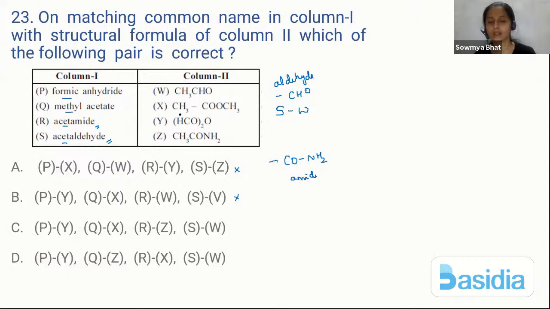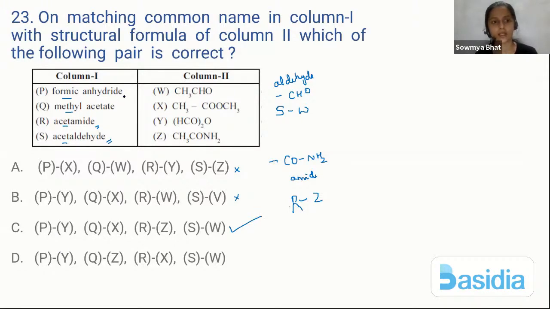Just see the functional group and take it. It will be the right answer. So this will be amide, option R, that will go with option Z. So S with W, and R with Z. So this would be the right answer. Let's check the other answers as well.